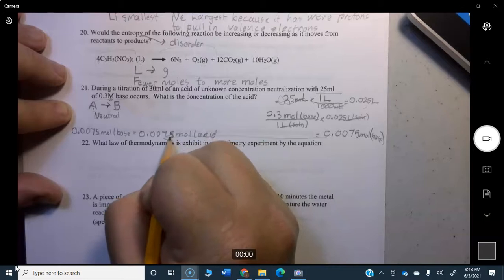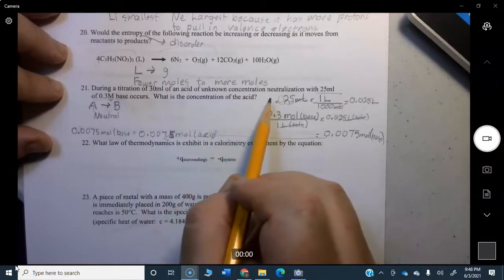Okay, that's a 5 there. Okay, so what it's asking is, what is the concentration of the acid? So what is concentration? It's molarity. It's moles per liter.